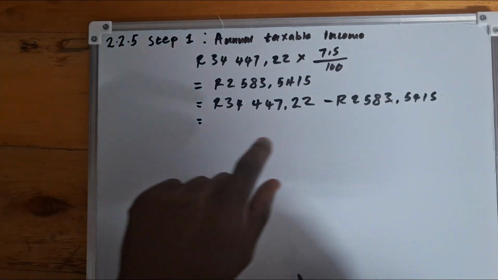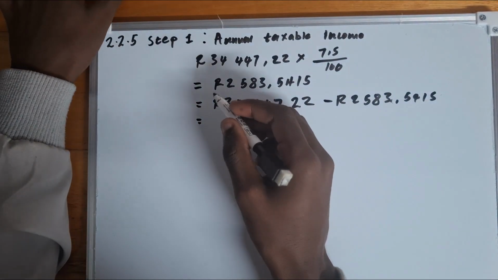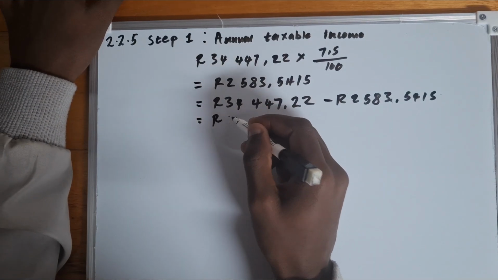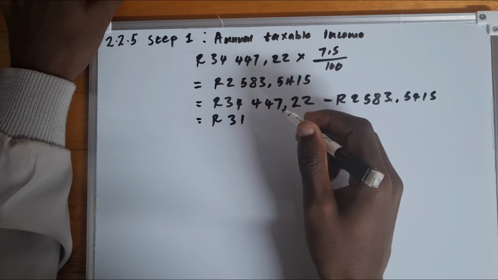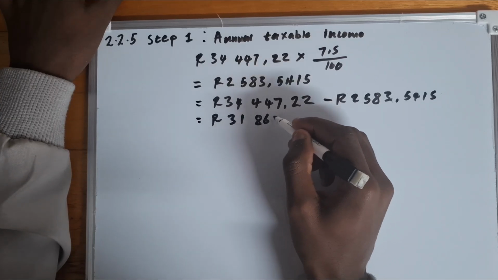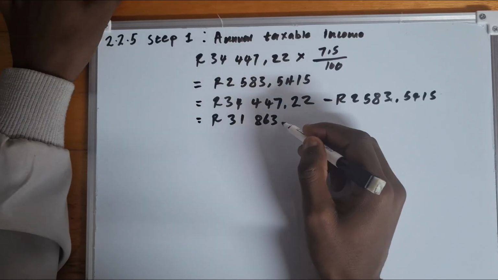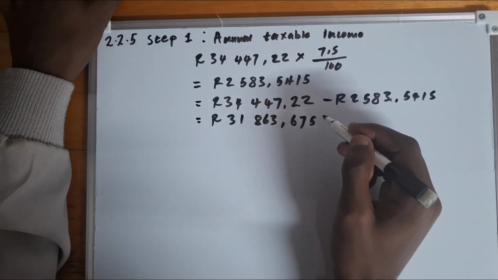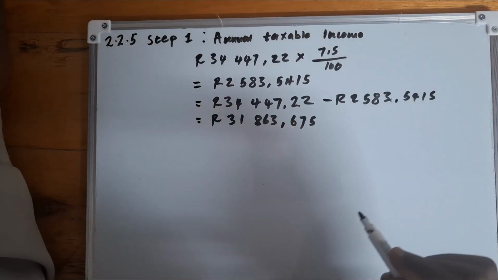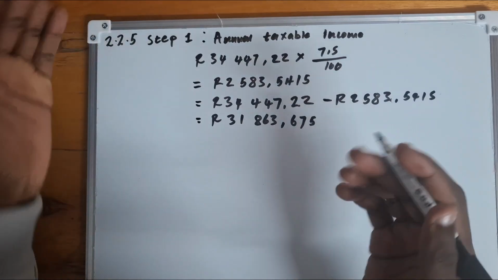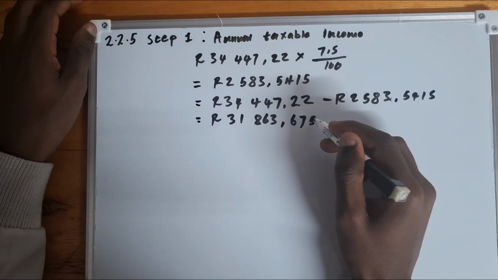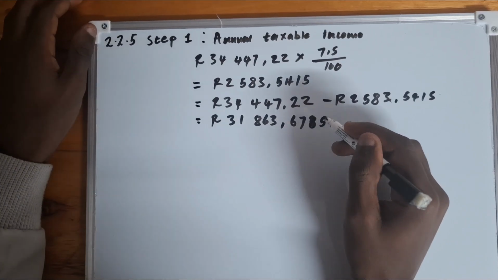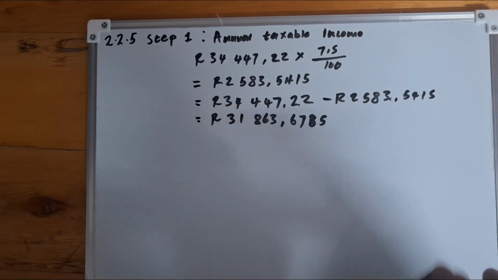We minus this to get our taxable income of 31,863.6785.